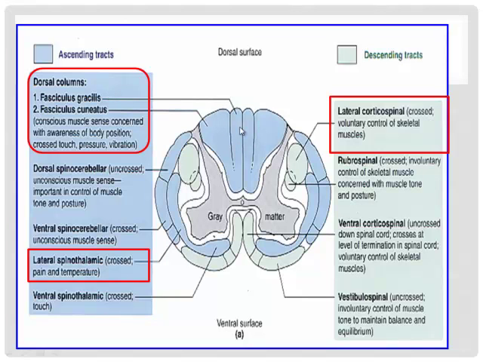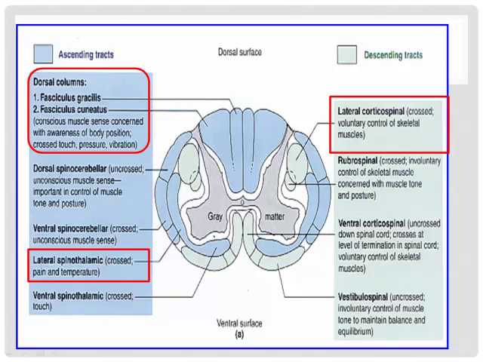The first one is the dorsal columns, which are divided into the fasciculus gracilis and fasciculus cuneatus. If you ever see dorsal columns, associate this with posterior columns. These areas are important for assessing your body position, crude touch, pressure, and vibration.